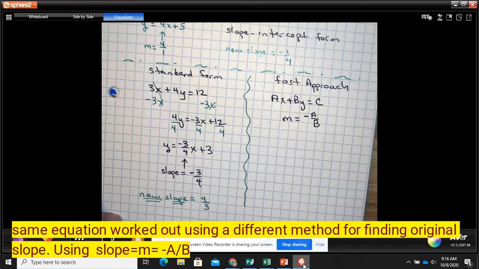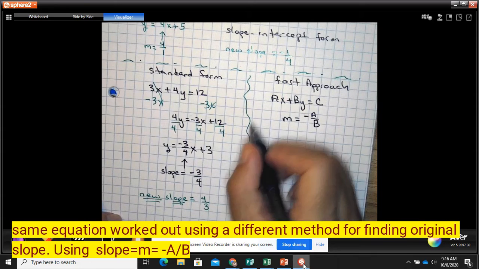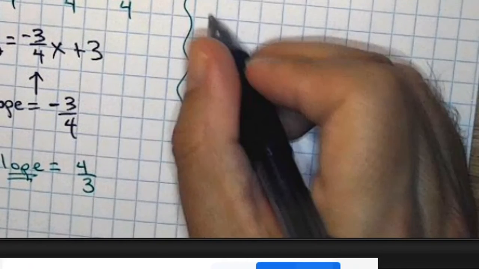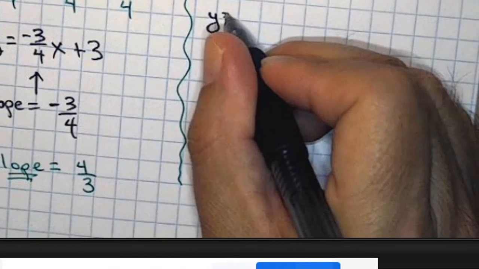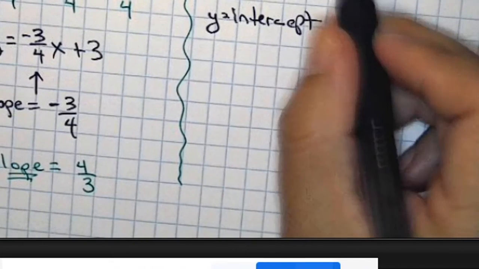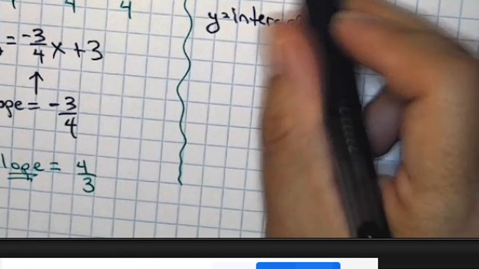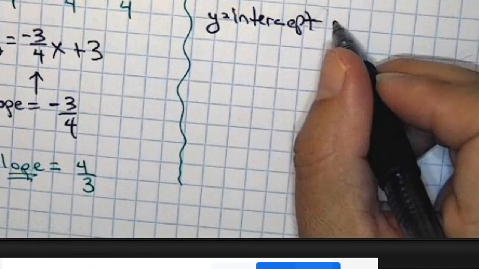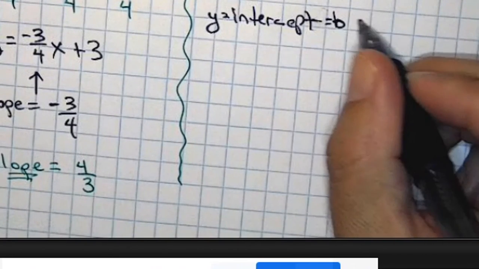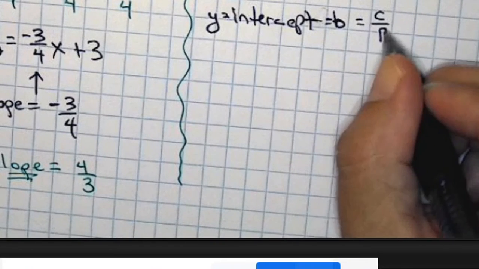Negative a over b will be your slope. Your y-intercept will always be c over b, same sign.